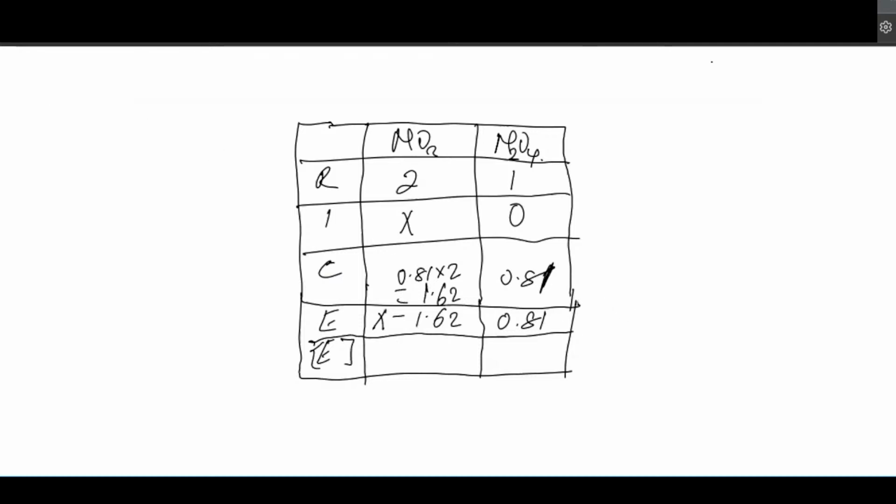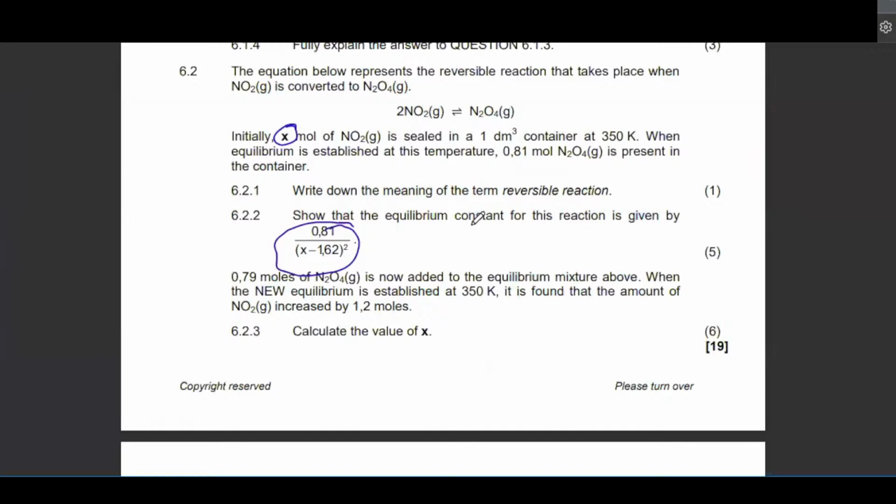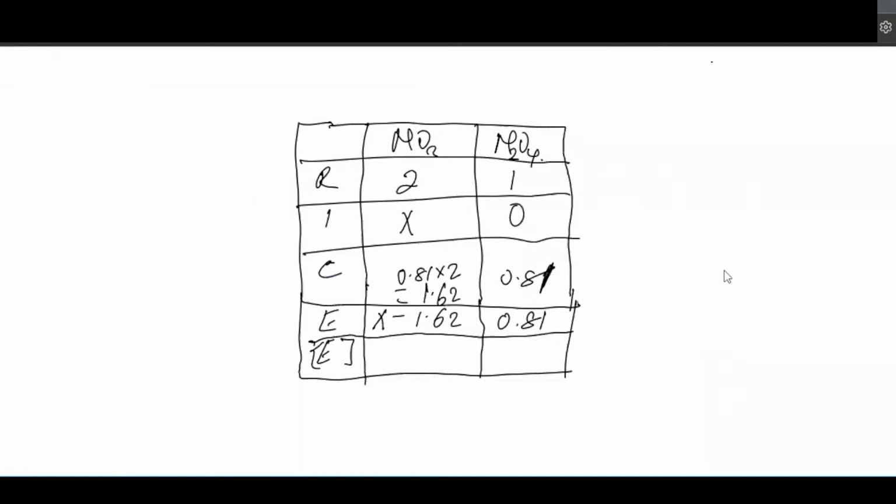If you go back, we are supposed to divide by the volume, but the volume is 1 decimeter cubed. Remember that concentration is equal to number of moles divided by volume. The number of moles is this, and the volume is 1. Therefore, it's going to be exactly the same, 1.62, 0.81.